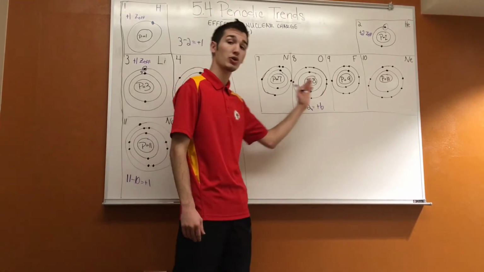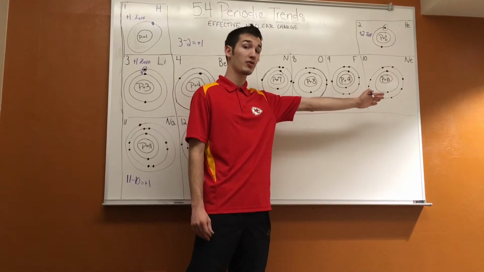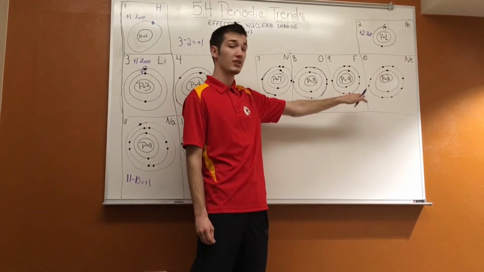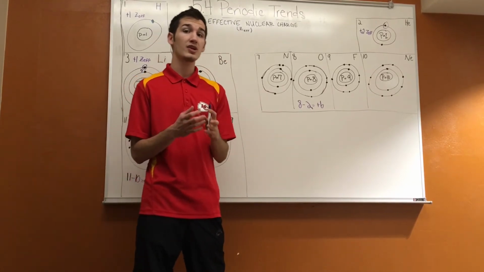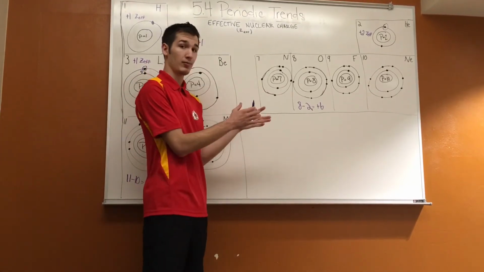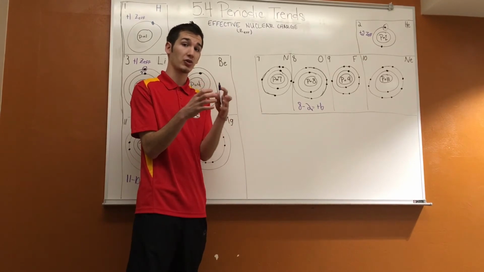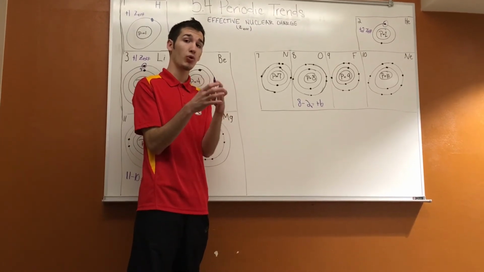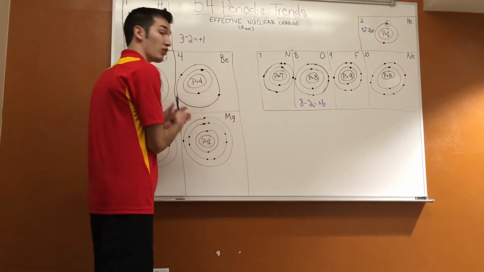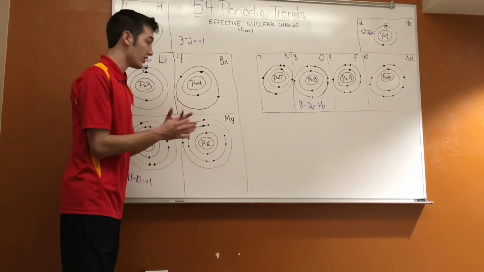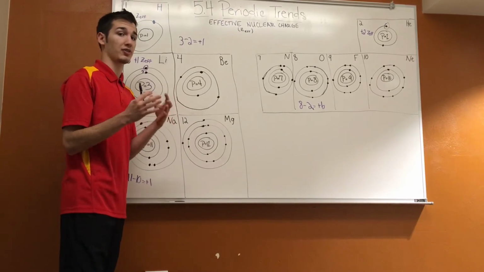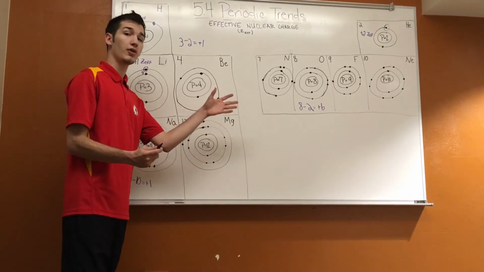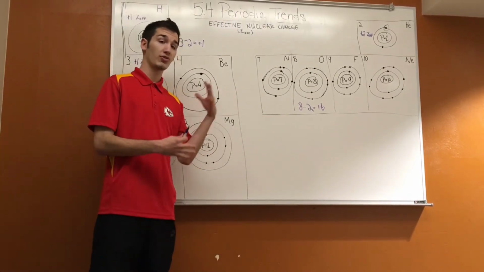But you're going to see as you go across a period that the numbers get bigger. Bigger numbers mean that atom pulls on its electrons more. The protons pull on the electrons more. And if you see a smaller number, that means those atoms aren't pulling on their electrons as much. So now let's take a look with this foundational knowledge.